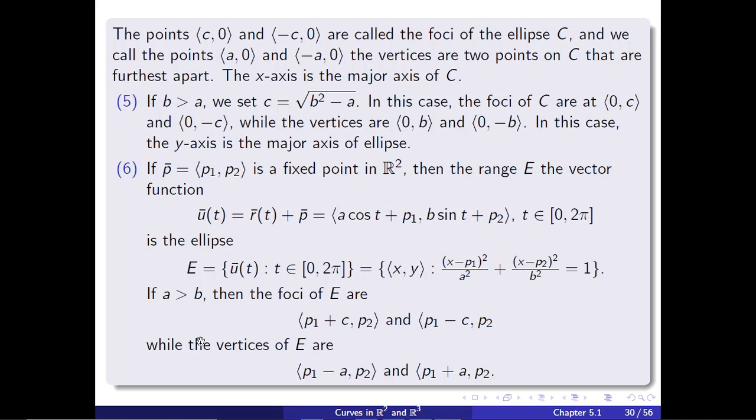And so if a, well, it's not the center, it's the foci, right? So if a is greater than b, then the foci of E are (p1 plus c, p2) and (p1 minus c, p2), while the vertices of E are (p1 minus a, p2) and (p1 plus a, p2).